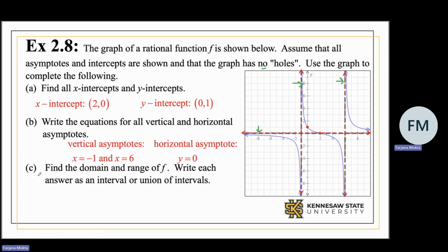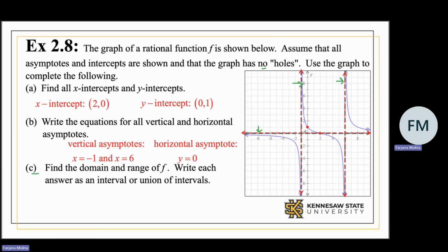Finally, we are trying to find the domain and range of the function, and we'll write them in interval notation or union of intervals. So for the domain, as we can see, the domain is everything except these two vertical lines.